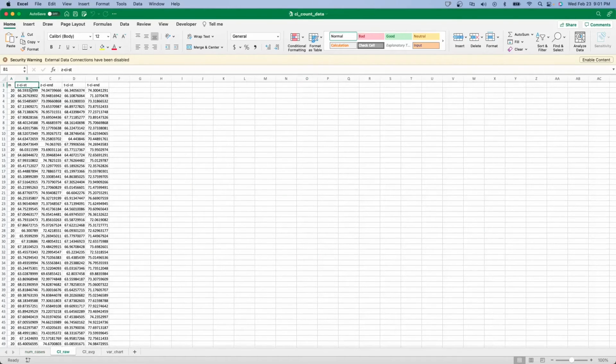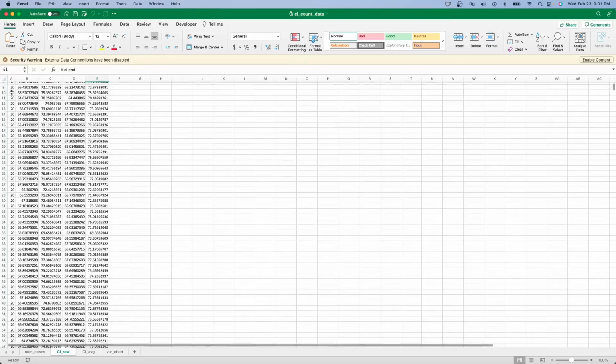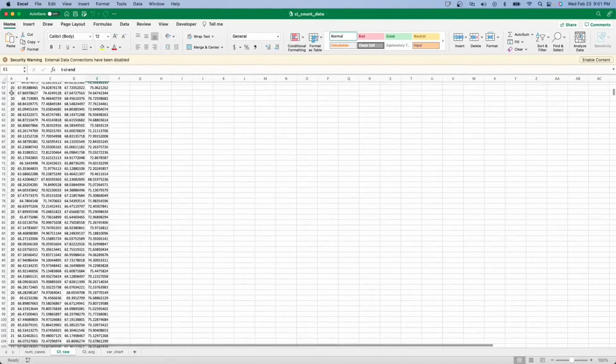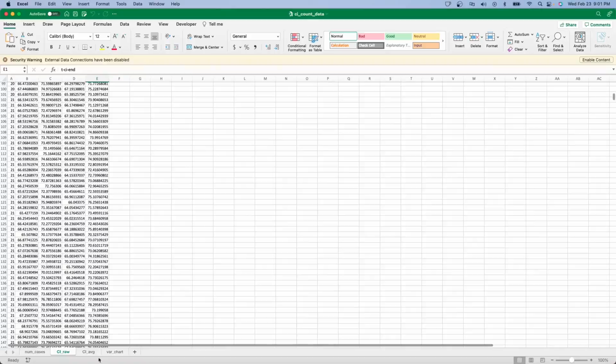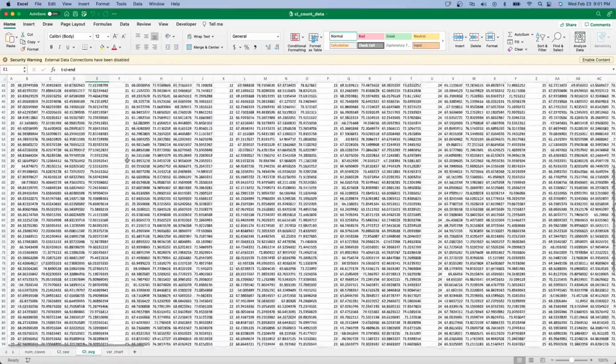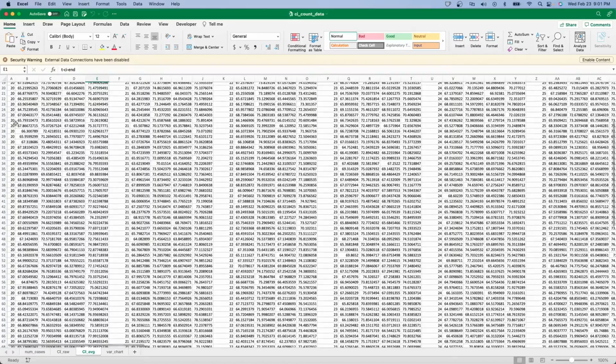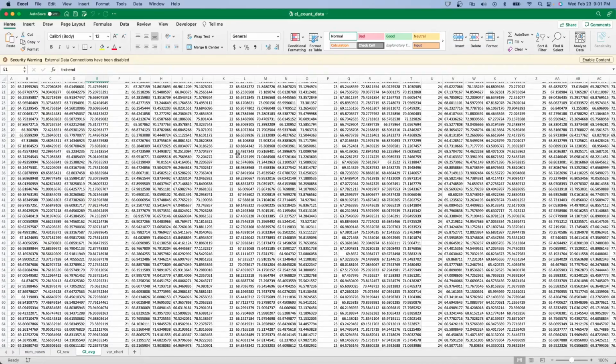I also took the start and the end of the confidence interval for the Z, and the same thing for the T, for every one of the 100 iterations for every sample size. Then I rearranged it so that it was more usable. As you can see, there are still those 100 iterations for every sample size going horizontally.